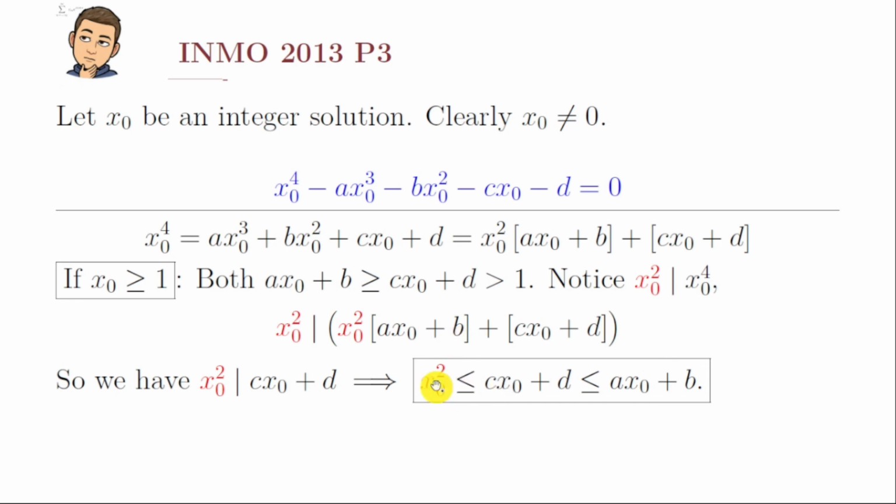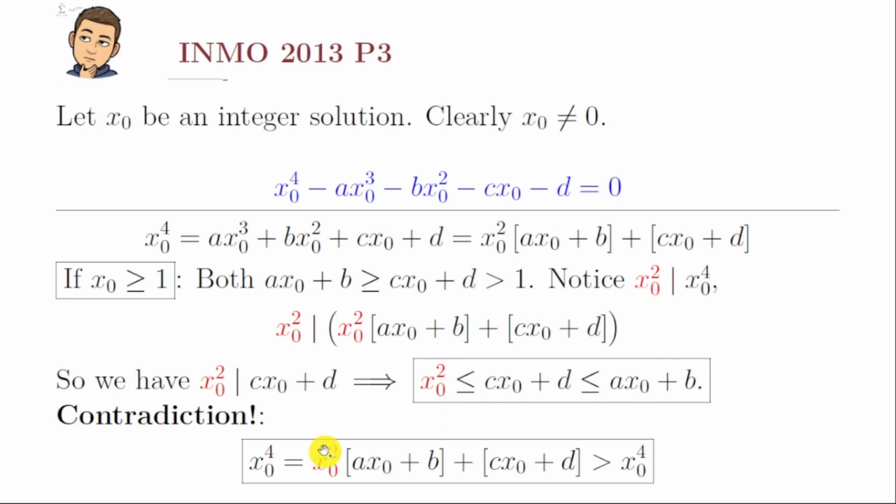Now we get a contradiction, because we have x0 squared times (ax0 plus b) is at least x0 to the power of 4. But then we have this positive term, so this first term is at least x0 to the power of 4 plus a positive term, which means that it will be bigger than the left hand side, the x0 to the power of 4.